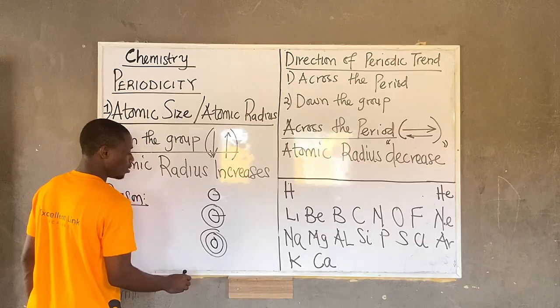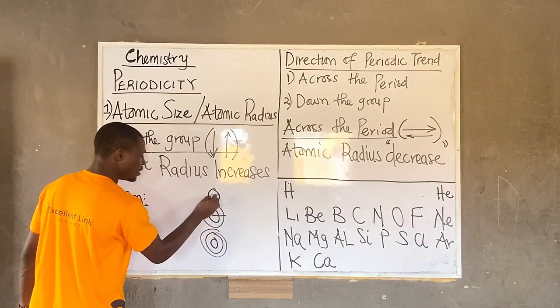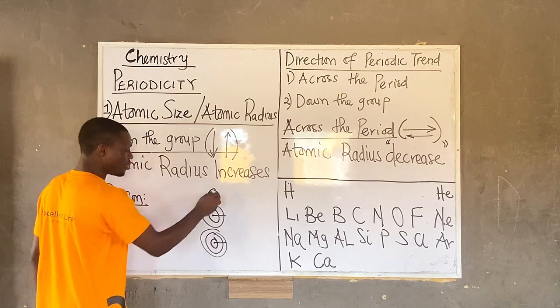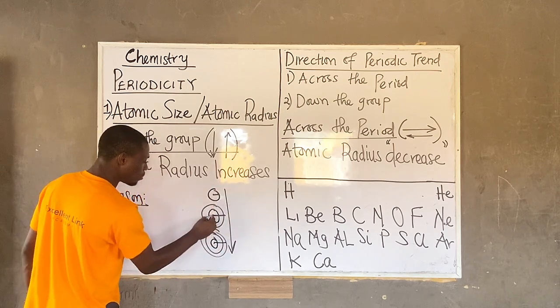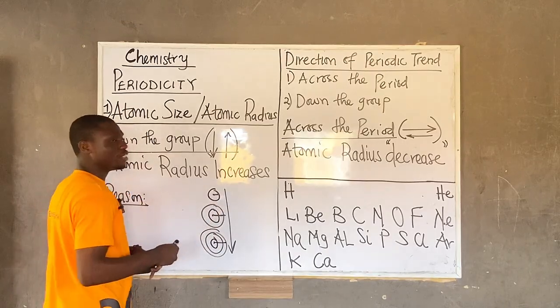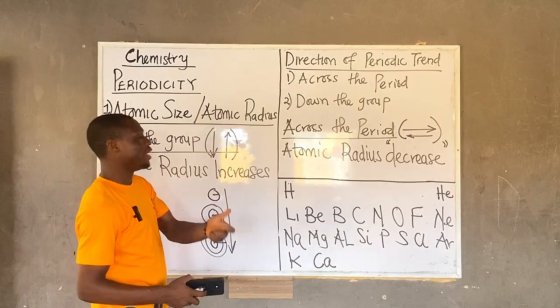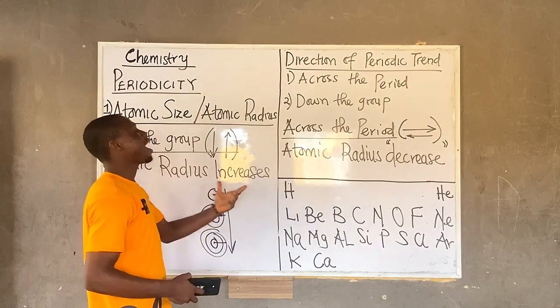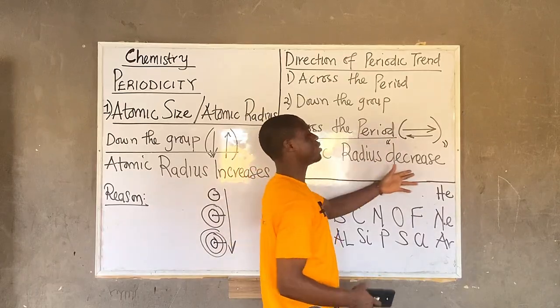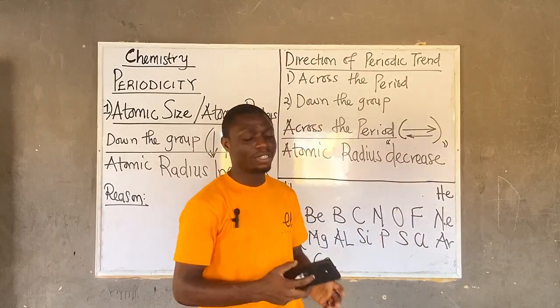From here, this distance is doubled here and now tripled here. So as I'm moving down the group, what happens to the atomic radius? It increases. So please note the key takeaway: down the group, atomic radius increases. Across the period, atomic radius decreases. That's the concept behind this.